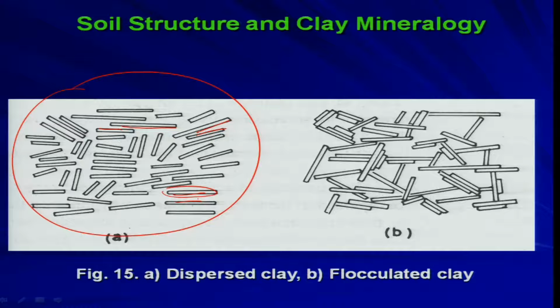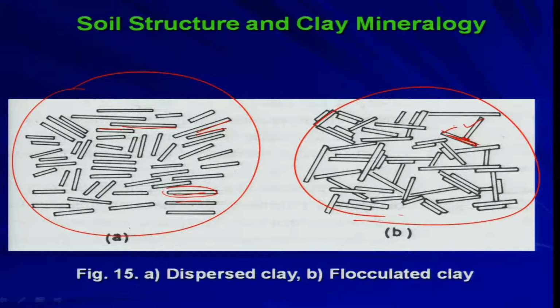Whereas, in the case of flocculated clay, this is your flocculated structure. Here you can see, as I told you, that most of the time you will get edge to face configuration. If you consider this particle, this is the edge of the particle and for the nearby particle, this is the face of the particle. So, this particle has an edge to face contact with the nearby particle.